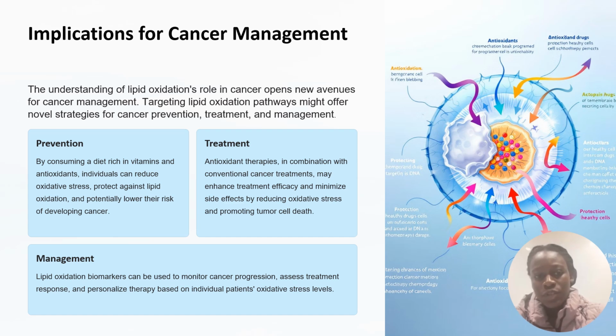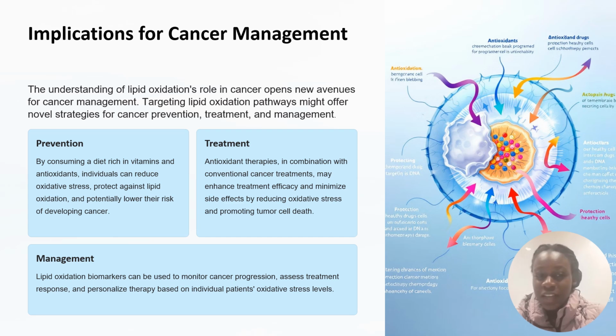So let's start with prevention. By consuming a diet rich in vitamins and antioxidants, individuals can reduce oxidative stress, protect against lipid oxidation, and potentially lower their risk of developing cancer. I hope you can remember how we talked about cancer, lipid oxidation, peroxidation, and its relation to cancer development, the risk, as well as the progression.